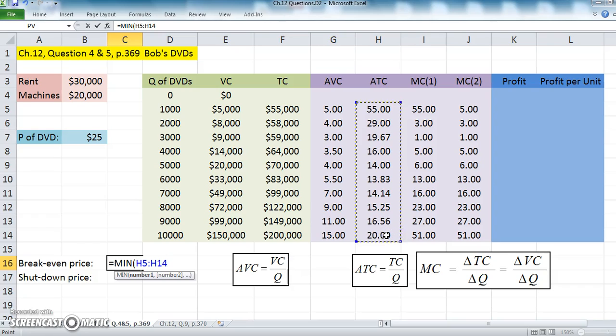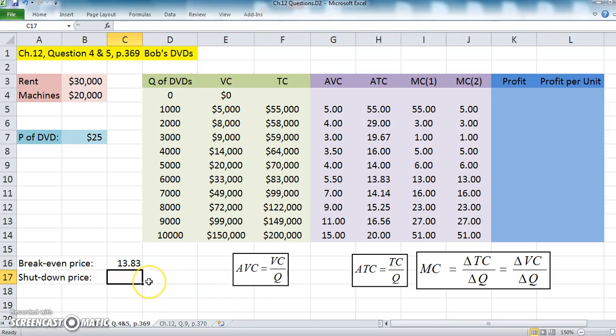All right, so look at H5 through H14 and then give me the minimum value, and it's going to give me 1383. And for the shutdown price, we know it's going to be the minimum value of the AVC, and so I can tell it to calculate the minimum of the values through G5 to G14, and it will give me 3. So my shutdown price is $3 and my break-even price is 1383.